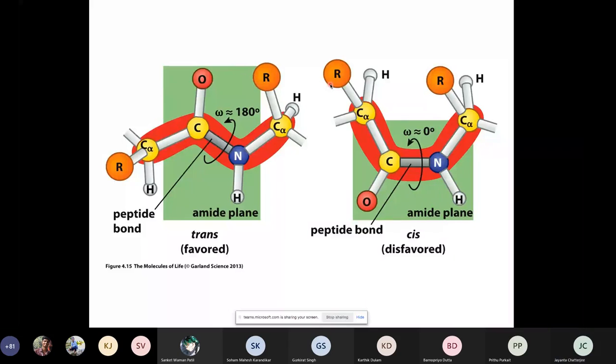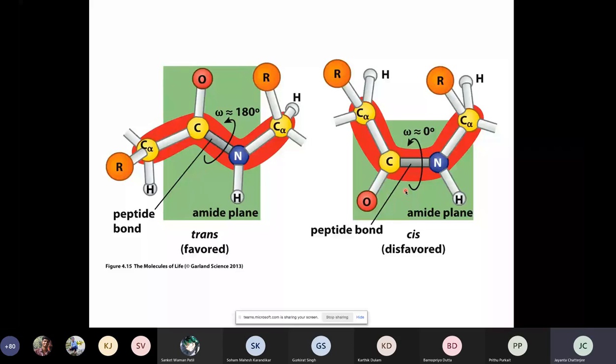All right. So this is the trans, which is typically found in polypeptides. It's not that cis is not found, but there are specific amino acids which favor the cis conformation over the trans conformation. Many times it also depends upon the amino acids that are present in the flanking sequence.